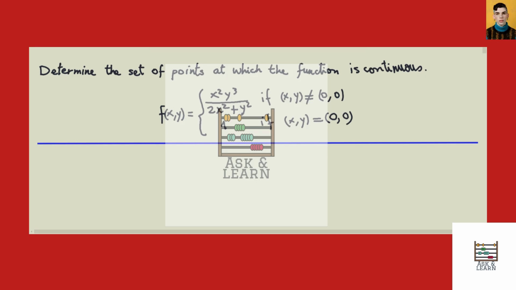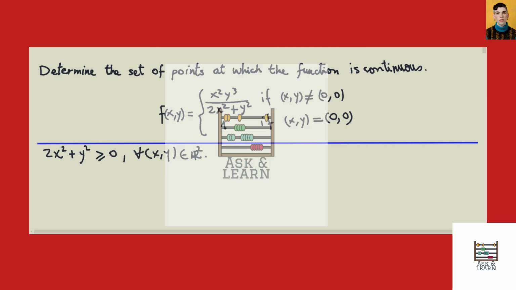And we see that we have a fraction as the main definition of the function, and the denominator 2x squared plus y squared is greater than or equal to 0 for all x and y in the plane R2. That's because we have squares and a positive constant 2, so the whole expression is positive or 0.